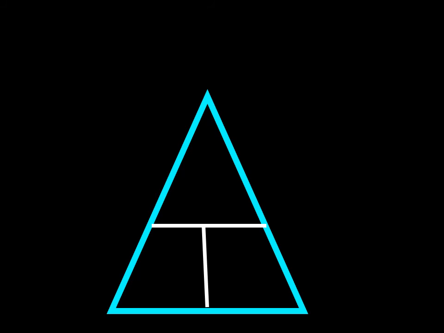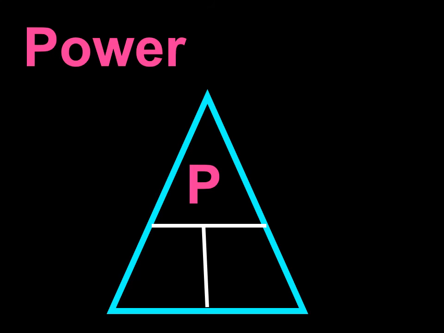As all magic triangles related to electricity, it has three components. The top component is occupied by the letter P.